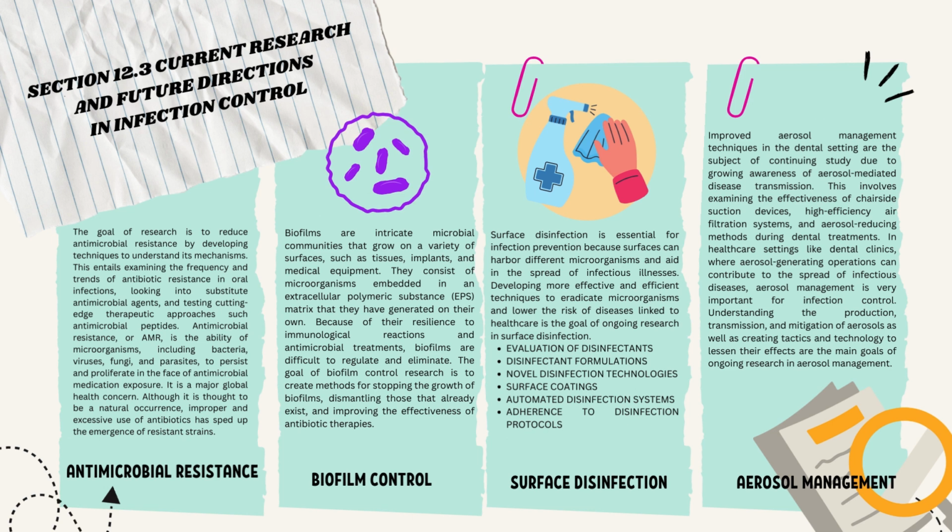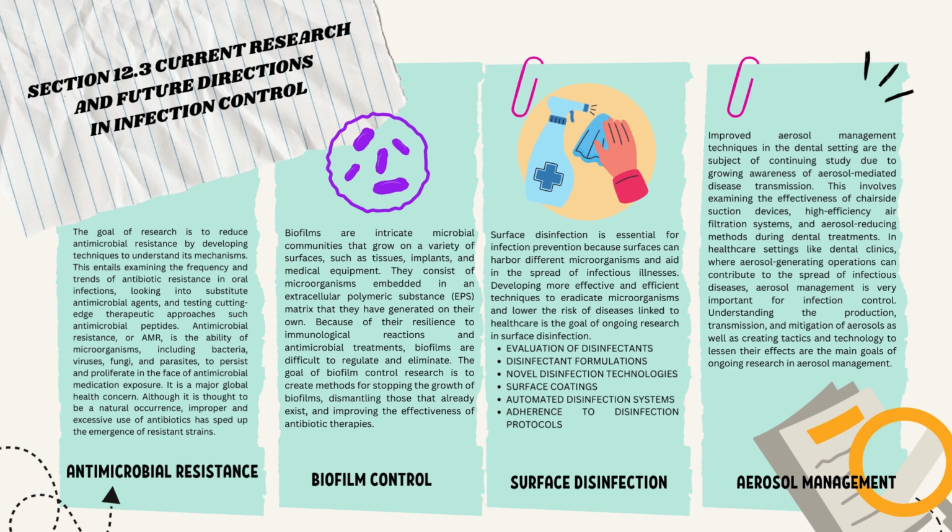Because of this resiliency to immunological reactions and antimicrobial treatments, biofilms are difficult to regulate and eliminate. So the goal of biofilm control research is to create methods for stopping the growth of biofilms, dismantling those that already exist, and improving the effectiveness of antibiotic therapies.